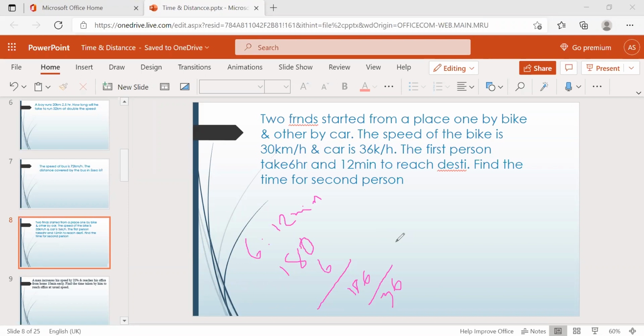Then how many hours? Just calculate this. So 3 13s.